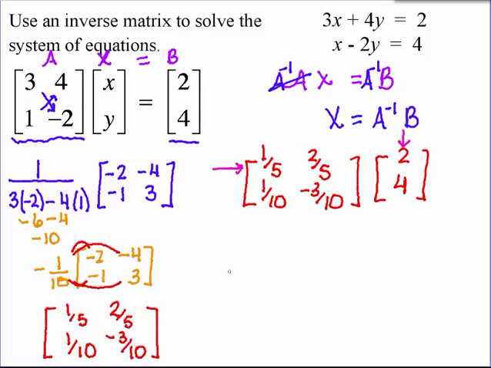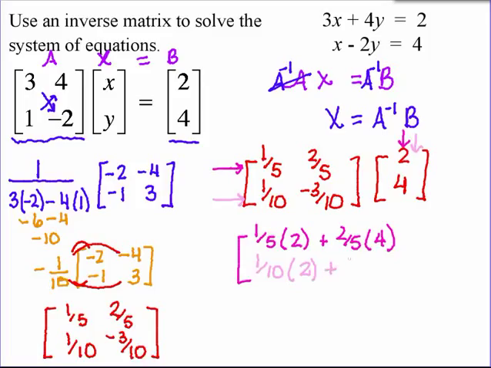So I get 1/5 times 2 plus 2/5 times 4. From my row 2, column 1, I get 1/10 times 2 plus negative 3/10 times 4.